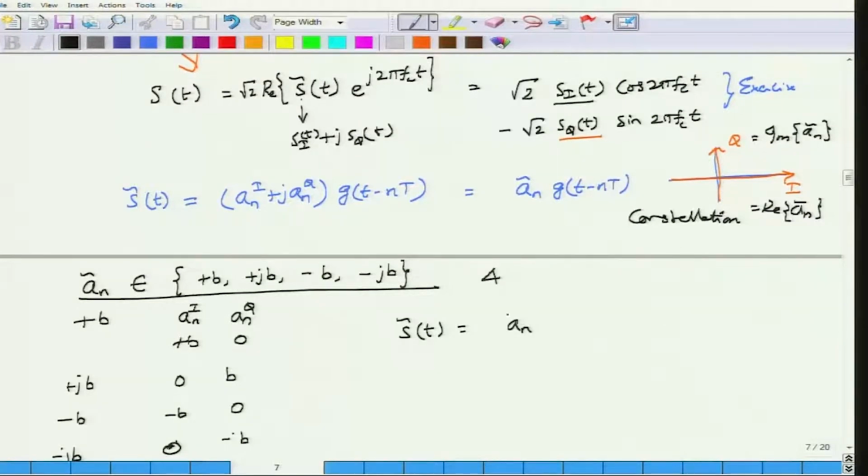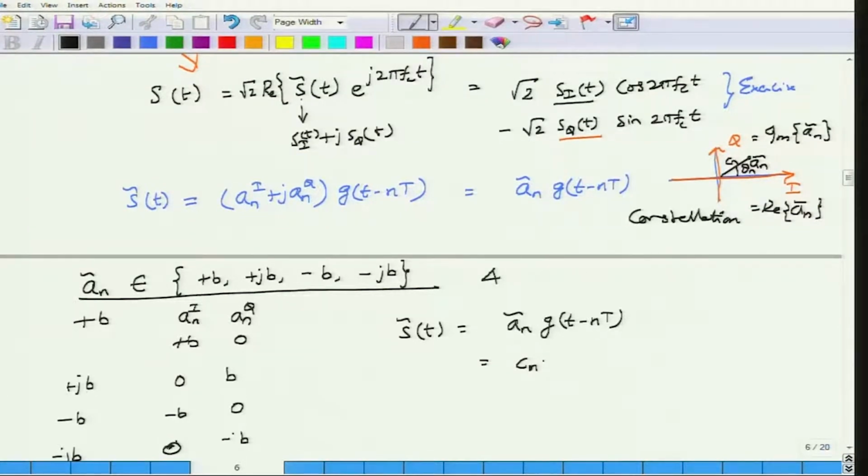Since s bar of t is an g of t minus nt, there is one more way of writing the same thing. I can convert the rectangular form of an into the polar form. For example, if I have this as the complex number an bar, I can specify the length of this arrow or line segment and specify the angle theta n.